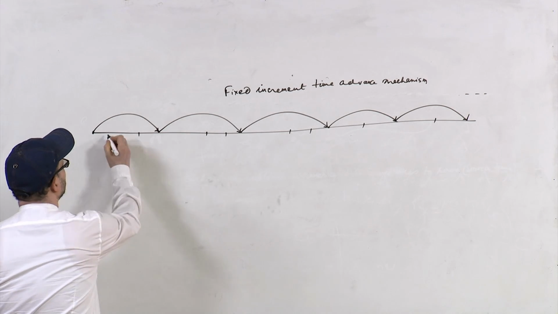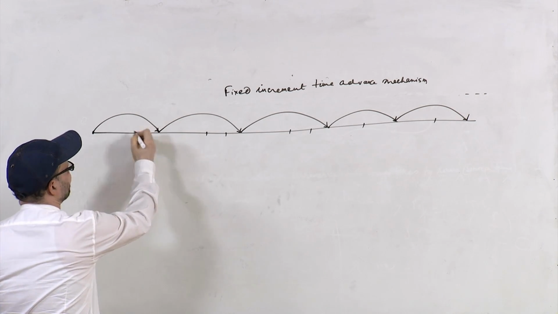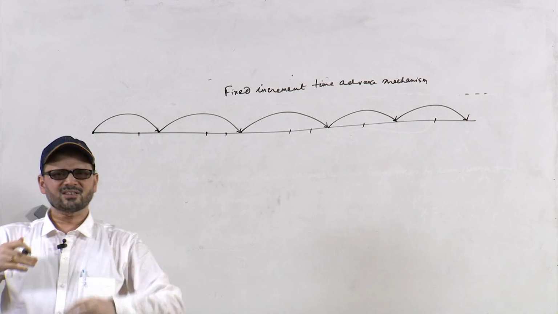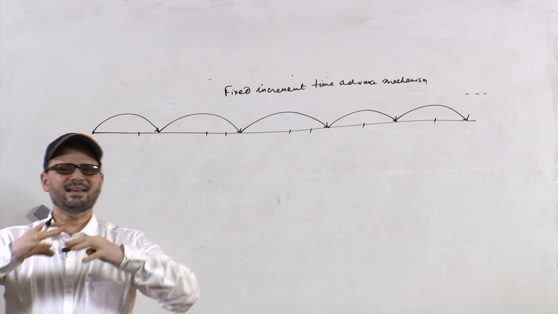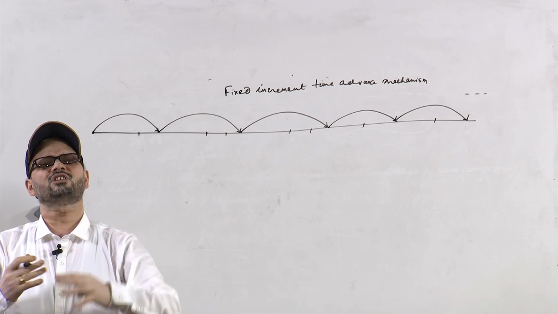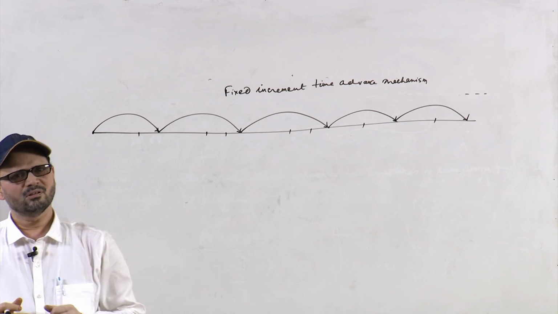If the delta t is very small and it captures the event with more accuracy, then certainly accuracy will be more, but having delta t a very small value will increase the simulation time to a very large value.